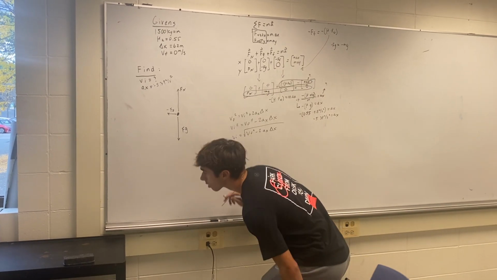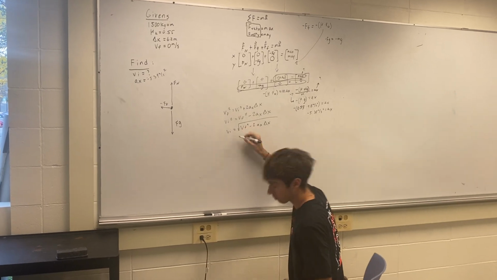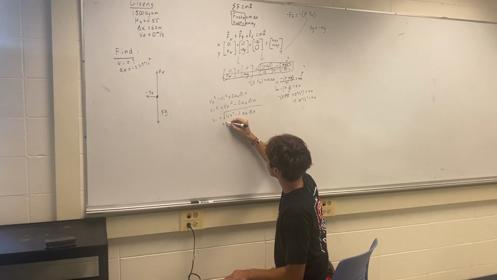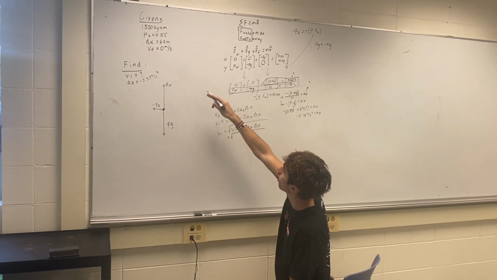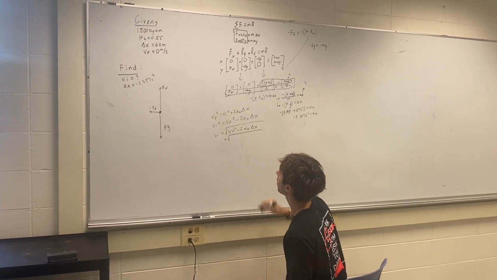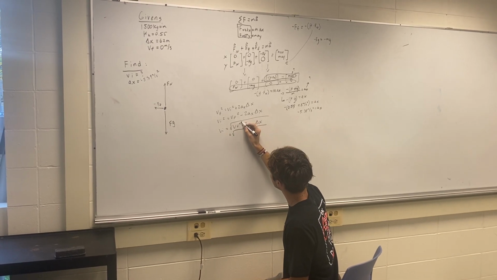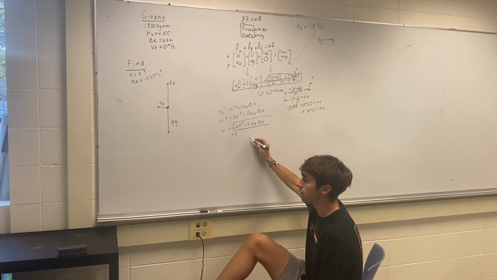So that is equal to, so we know that the velocity final is equal to 0, so we can just cancel this out.